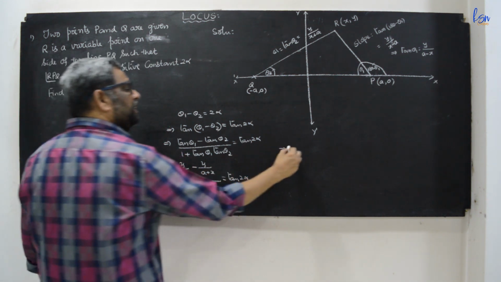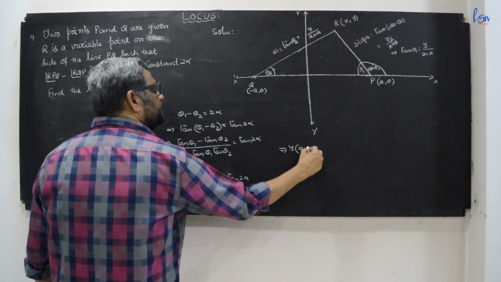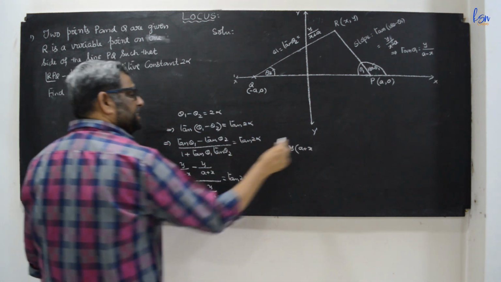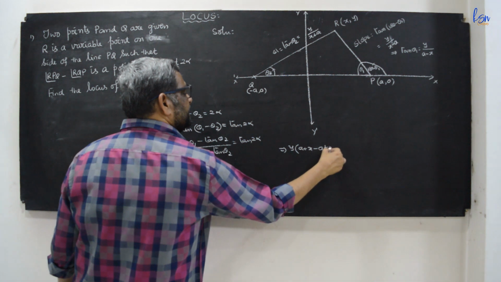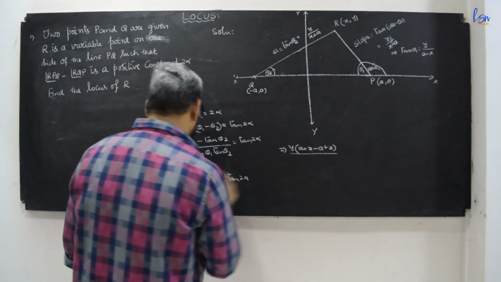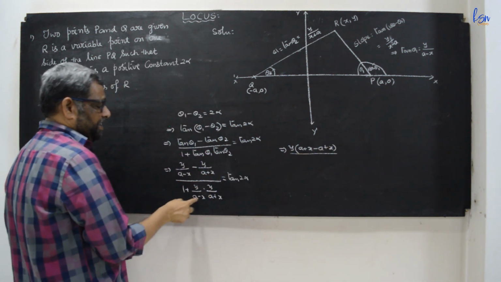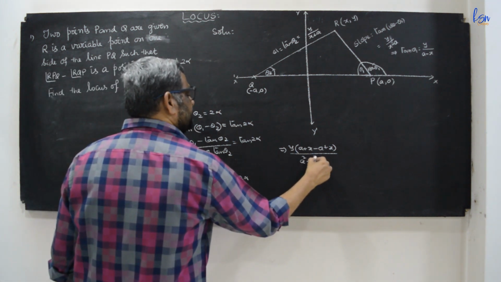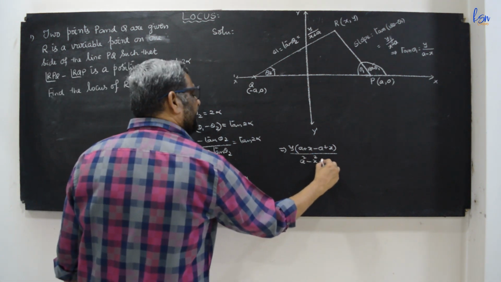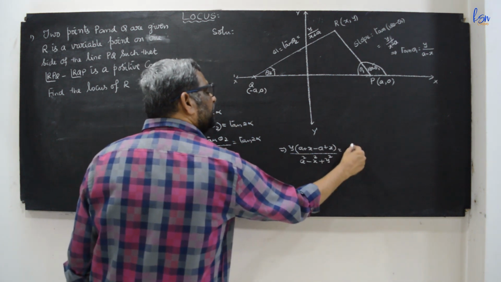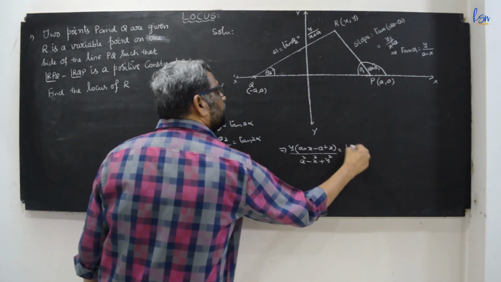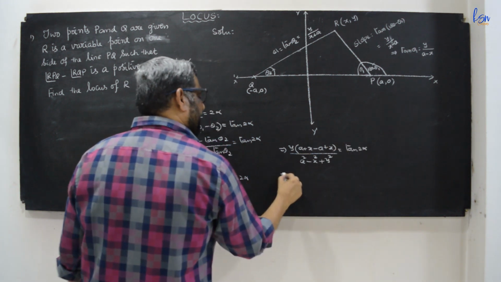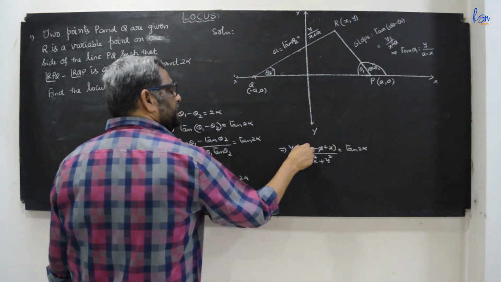y into a plus x minus a minus x, by a square minus x square. Here also a square minus x square. So a square minus x square plus y square is equal to tan 2 alpha. You can cancel this a square minus x square.